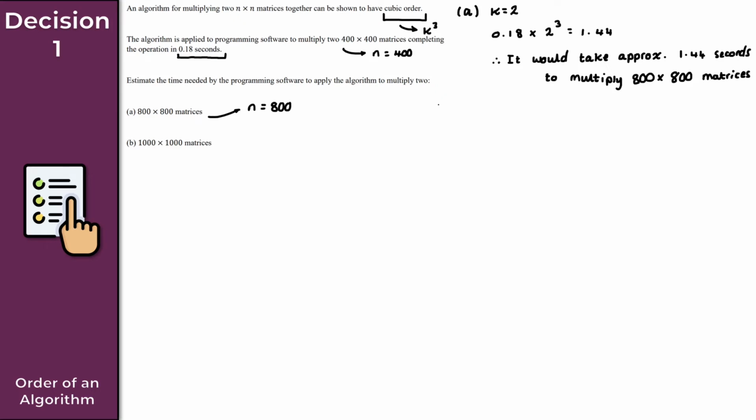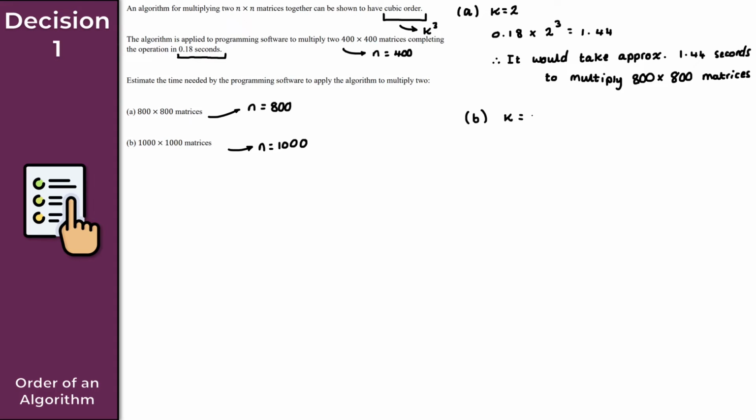Now for part B then, again, it's pretty much identical, right? The thing that changes here for part B is n now is equal to 1,000. But again, the method and the working is almost identical. All we now need to do is just evaluate the new k. So k in this example for part B would be 1,000 divided by 400, which is the same as 2.5, right?